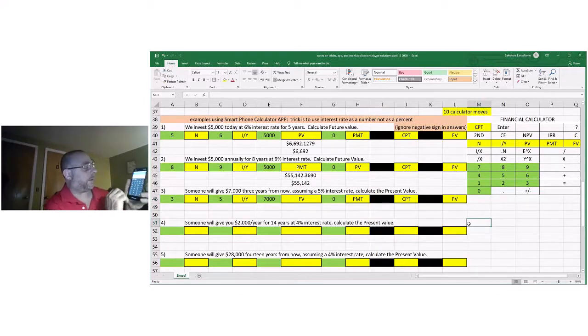We got 3N, then 5 I/Y, 7,000 future value, 0 for payment, and we're going to compute present value. And I get negative $6,046.8632. Hopefully you got the same thing.